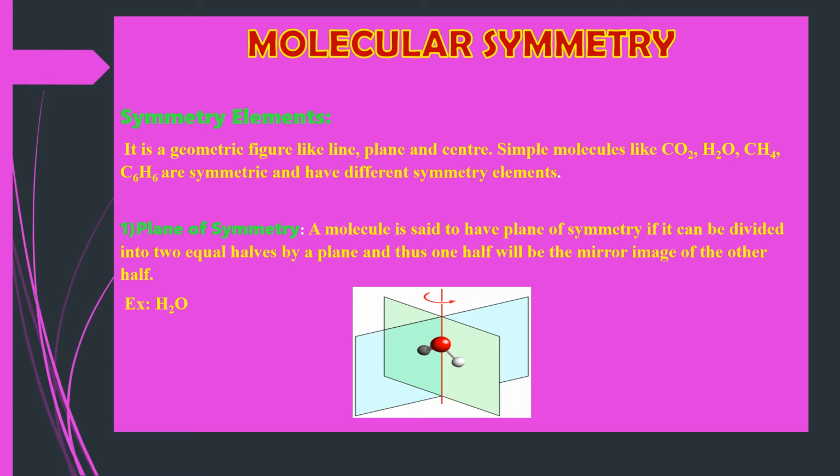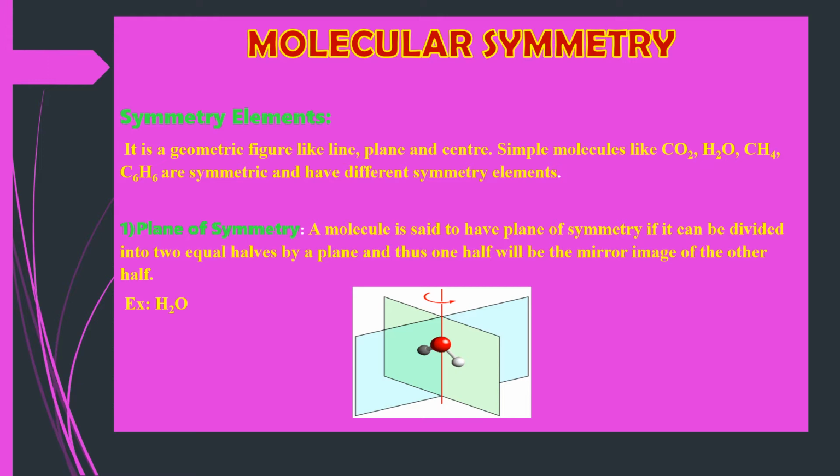For example, if you take simple molecules like water, they possess different symmetry elements. Any simple molecule you take, like water, carbon dioxide, benzene, they are symmetric and they have different symmetry elements.